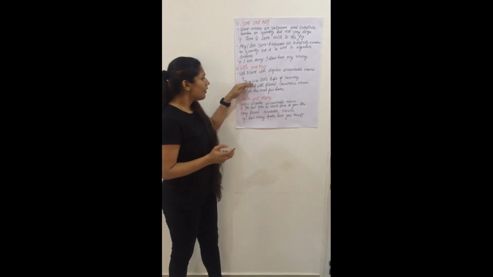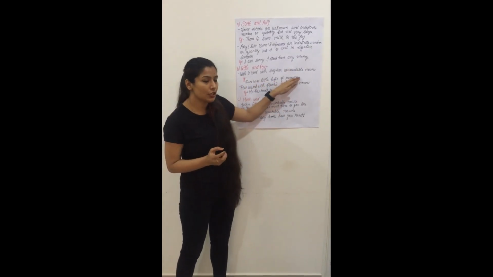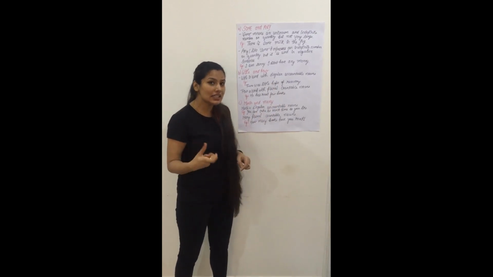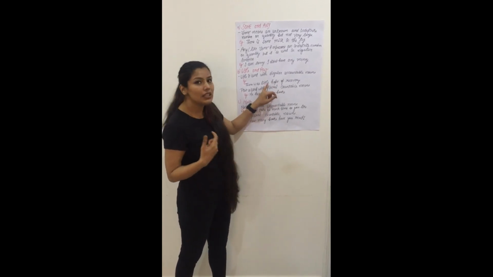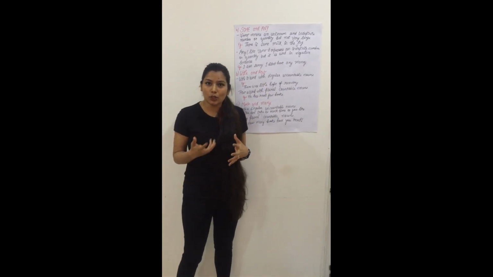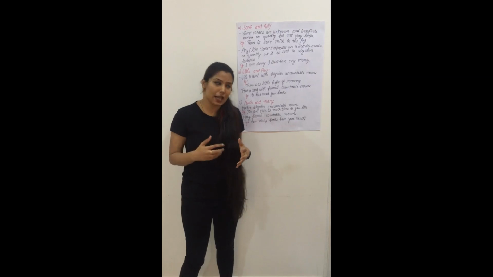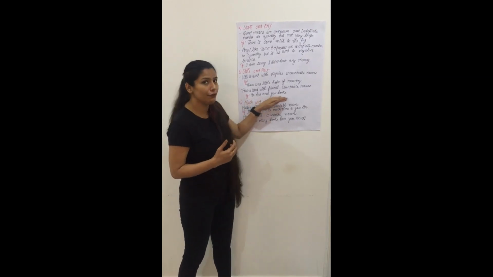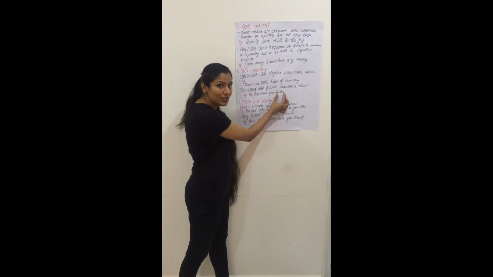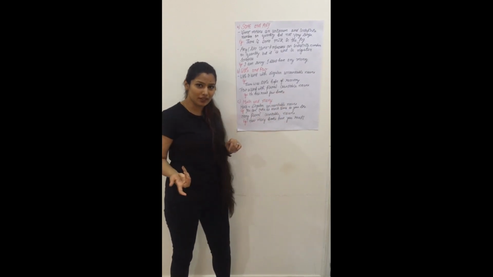For example, there was little hope of recovery. So here you can see that this word hope we cannot count, but it is singular. So we have used little here. Next one is few. Few is used with plural countable nouns. Example, he has read few books. So here we can count books and this is plural. So we have used few here.